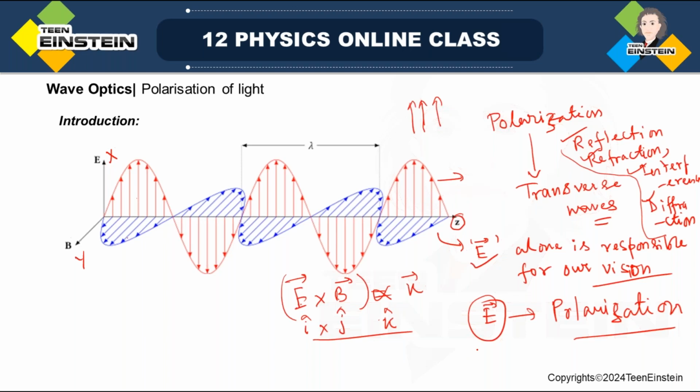That means light can be confined in a particular plane, and you will not be able to see this light from the other plane. Suppose the light is confined in some xy plane, then you will see it in this xy plane alone. You will not be able to see it in some other plane.